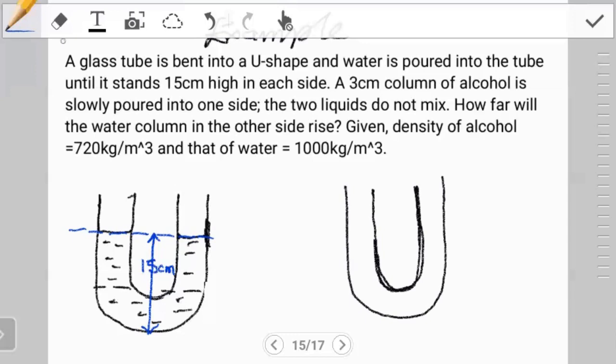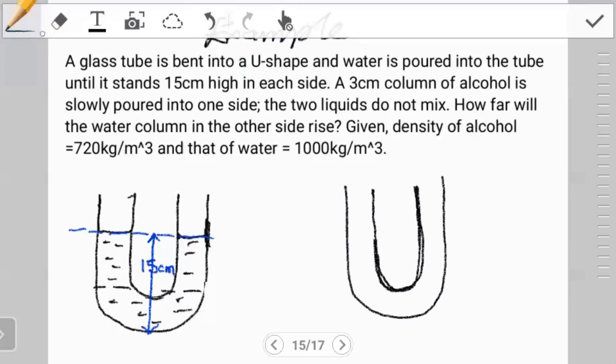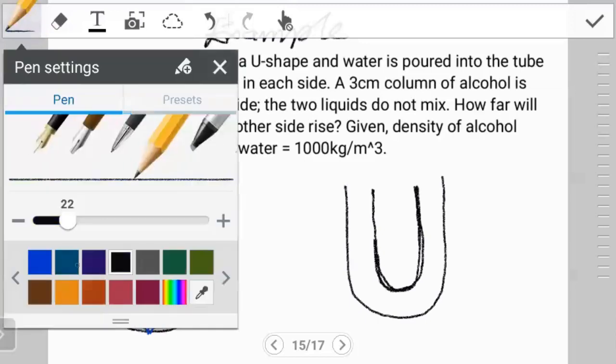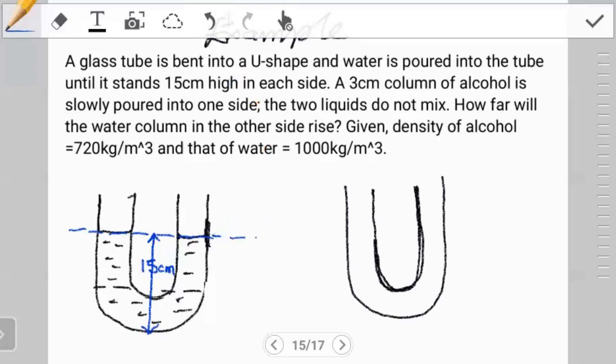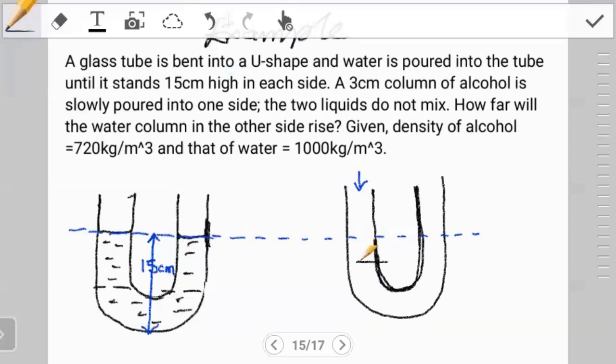But then after adding alcohol, let's say this is initially the level that we had of water before adding anything. When we add alcohol, let's say alcohol is added this side. What we expect is that the water level on this side is going to be pushed downwards. So let's say the water level goes down by some factor X. The water level is pushed down up to, let's say, this point.